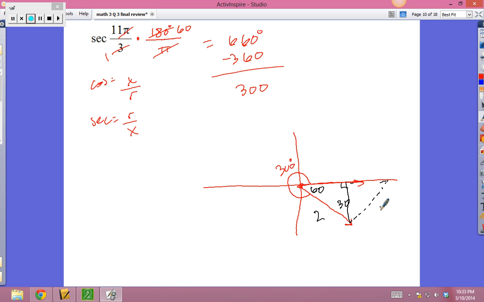And every side is going to be whatever I want it to be. So I want them all to be 2s. So this is going to be 1, that's going to be 1. And this is going to be 1 square root of 3. But because it's going down, it's going to be negative. So the r is going to be my hypotenuse, that's the radius, that's 2. And the x is going to be 1. So 2 over 1, or just 2.